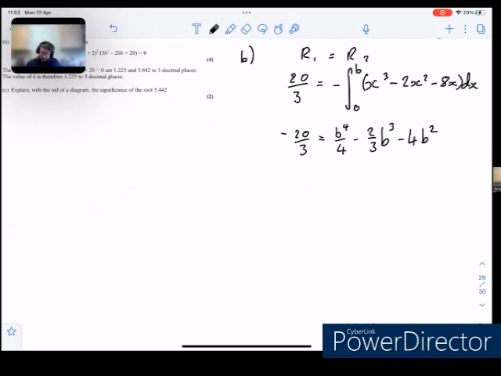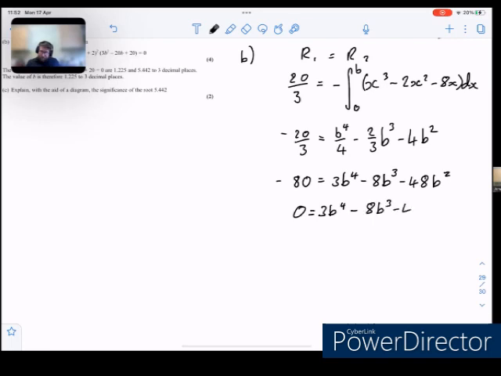Okay, let's multiply both sides by 12 then. We get minus 80 equals 3b to the 4 minus 8b cubed minus 48b squared. 4 times 12 is 48. So when that equals 0, we've got 3b to the 4 minus 8b cubed minus 48b squared plus 80.